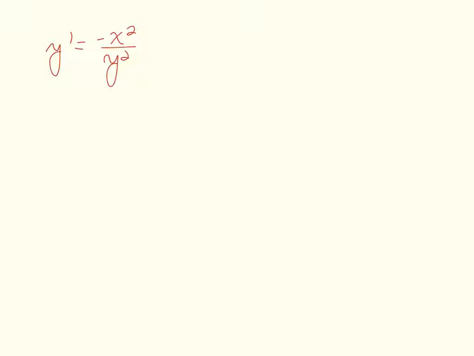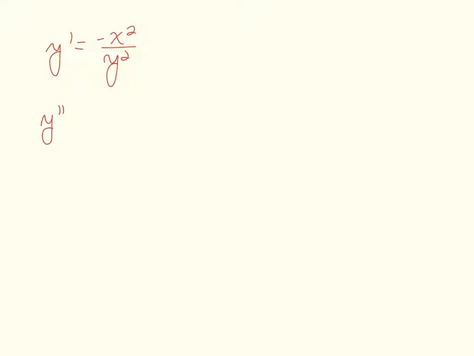From the first slide, we have that the first derivative equals negative x squared over y squared. In order to find the second derivative, we just need to go through and find the derivative of this expression here. So we will call this y double prime.